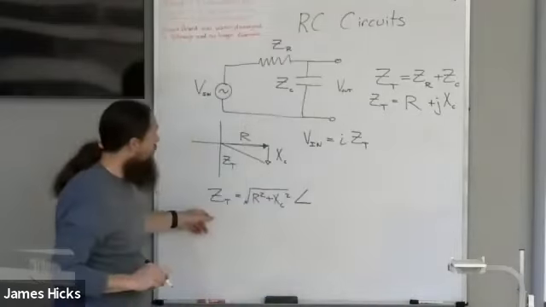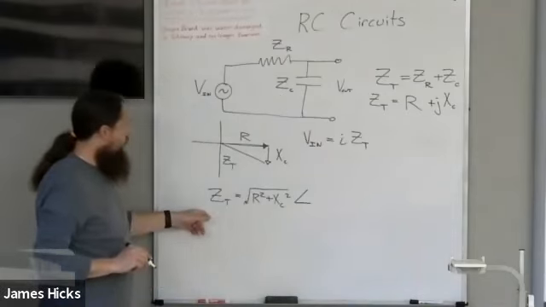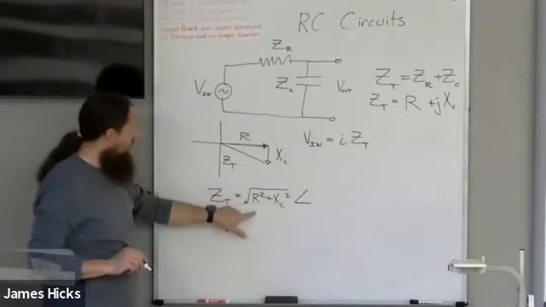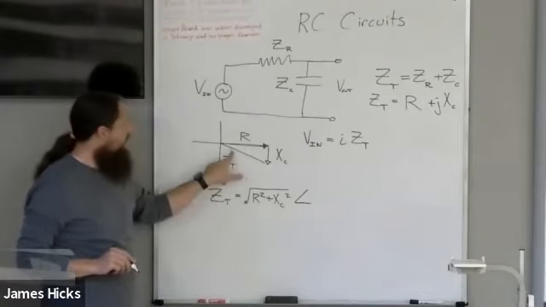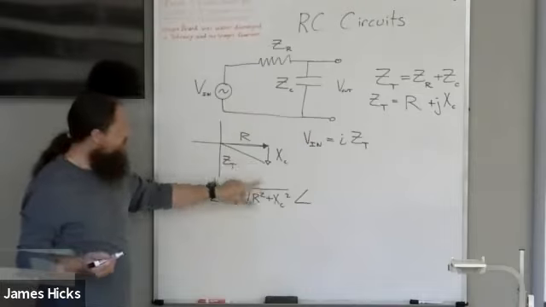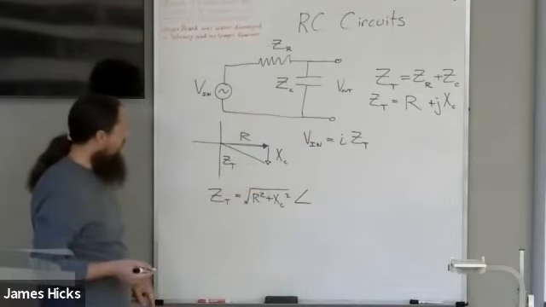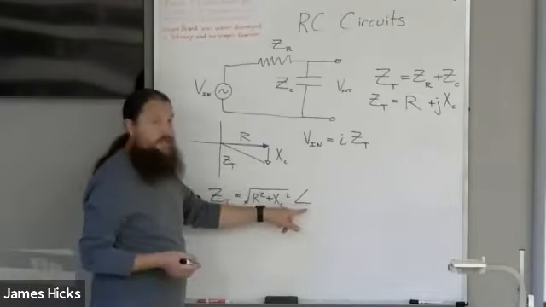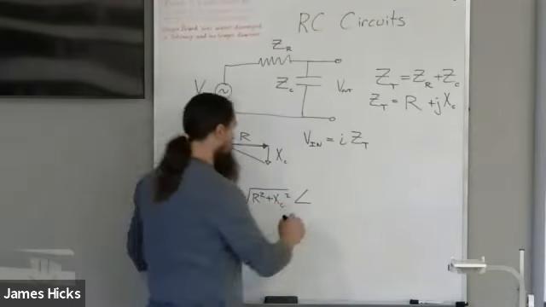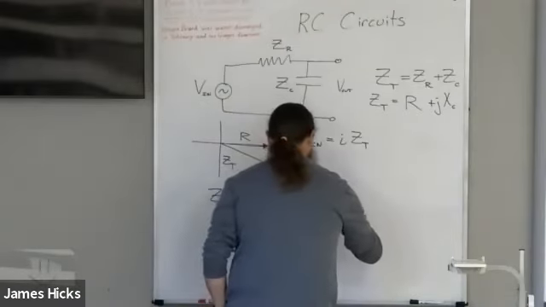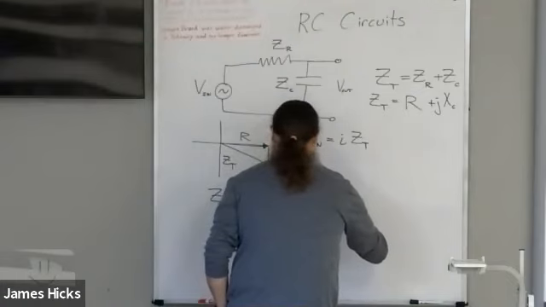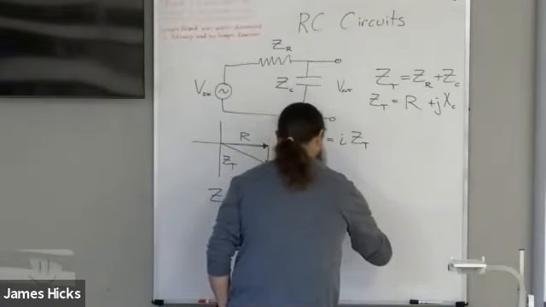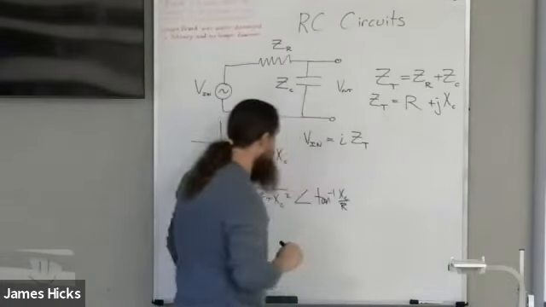It's a complex number. So we're going to write this in phasor notation. So that's the magnitude. It's really just the length of the hypotenuse. That's all we're doing. The angle that I need here, that's kind of the messy part.